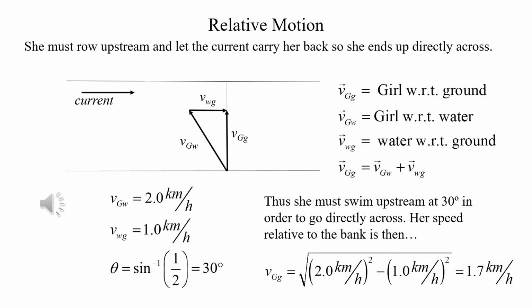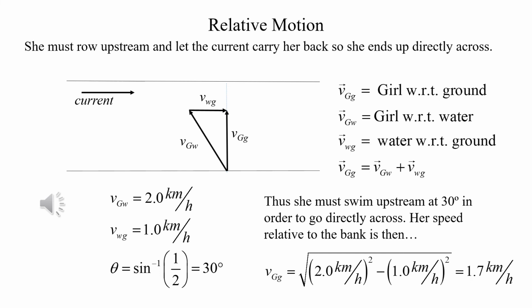Also notice that she's going to go a greater distance than if she simply rowed straight across. If she just pointed her boat straight across and rowed, she would travel a shorter distance with respect to the water and would get across faster, but the current would carry her downstream and she would miss the point where she wants to go.